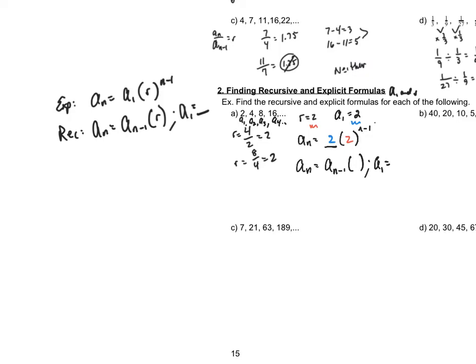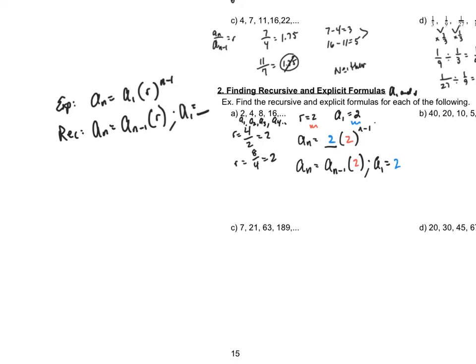And again, my r value is going to be 2, and my a1 value is going to be 2. And there you have it, these two equations will identify what we need to know within our sequence based on its characteristics of r and a1.